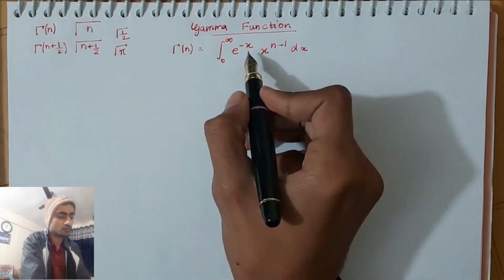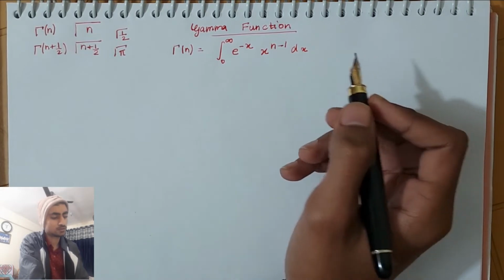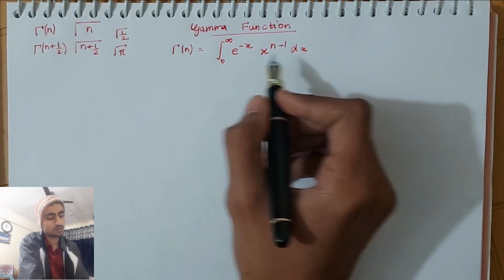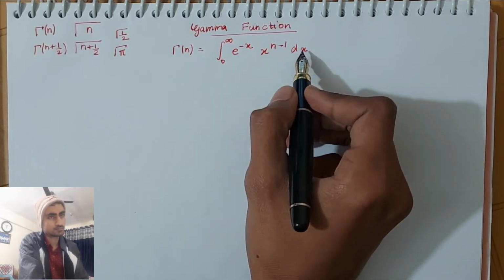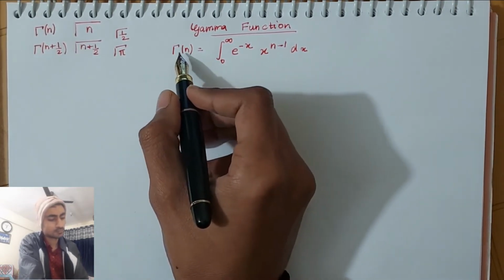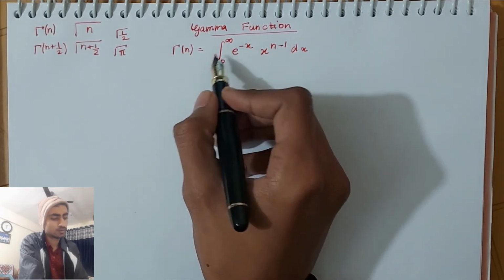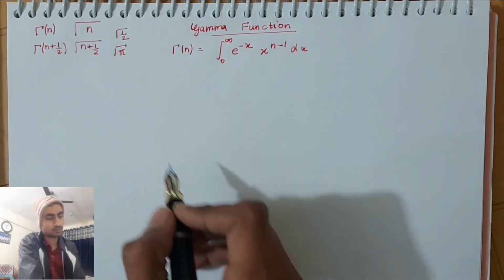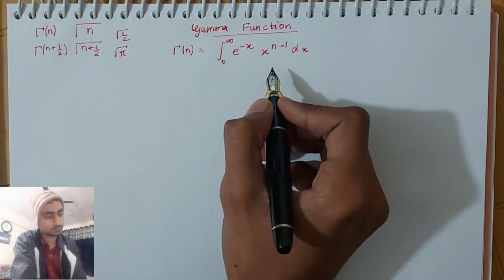It's an integration over the variable x, maybe any variable, doesn't matter. What matters is n and n minus 1 and the terms. So it's an integration, or improper integration. So let's try to find some useful meaning out of this integration.